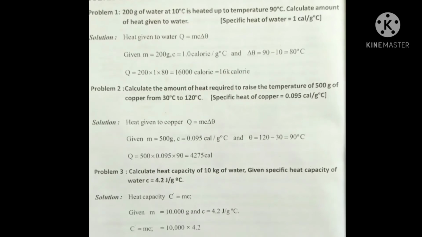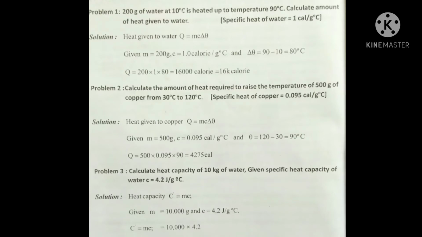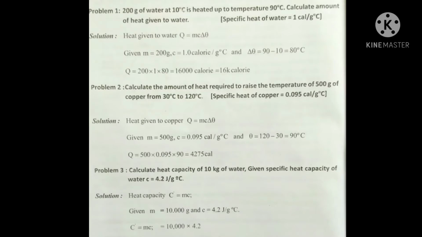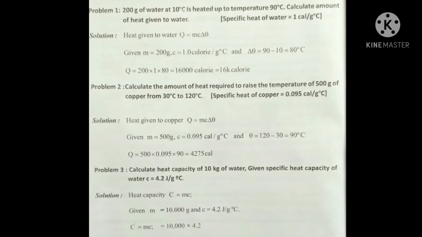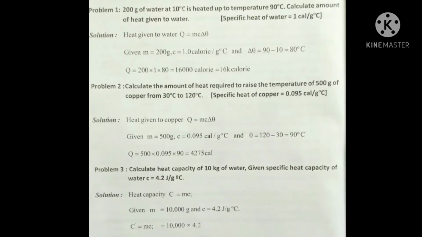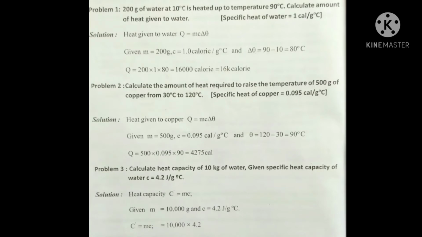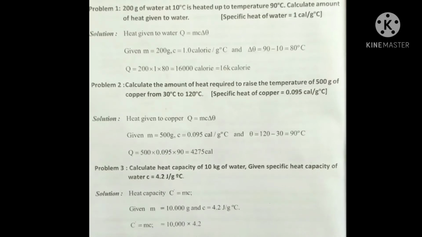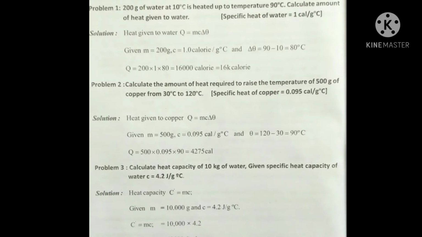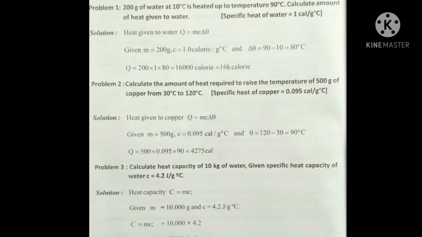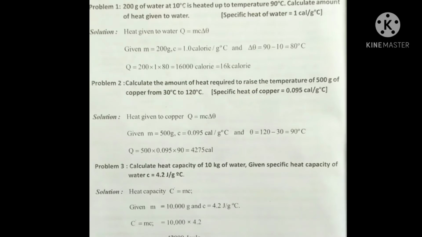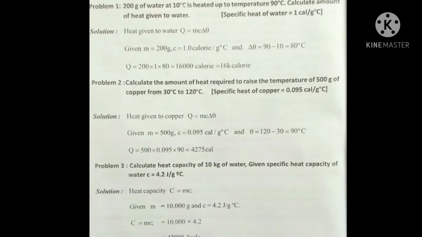First, mass of the body, meaning Q is directly proportional to m. Here Q means quantity of heat. Second, change in temperature of the body, meaning delta T. And third, nature of the material of the body. Here nature of the body means every material has its own specific heat constant.